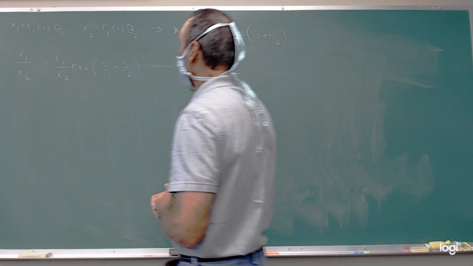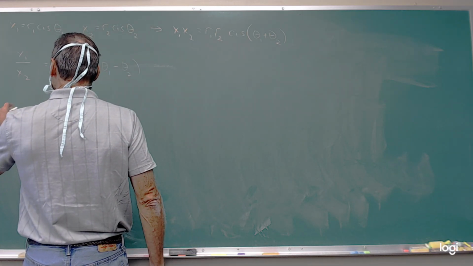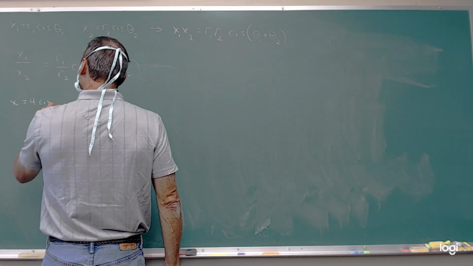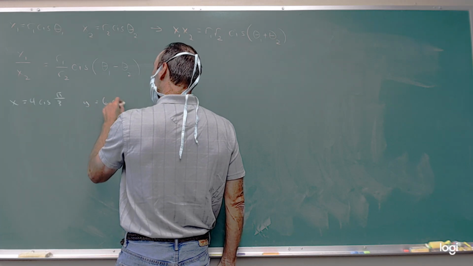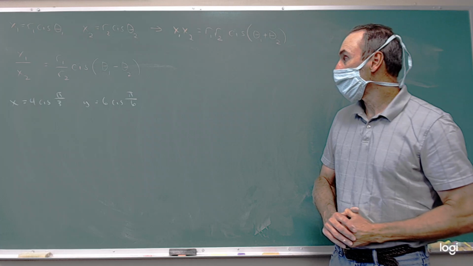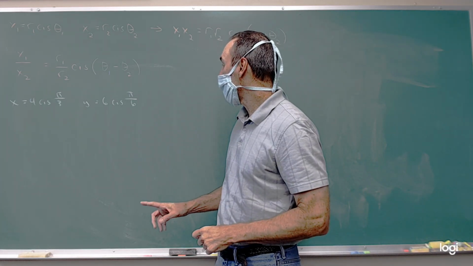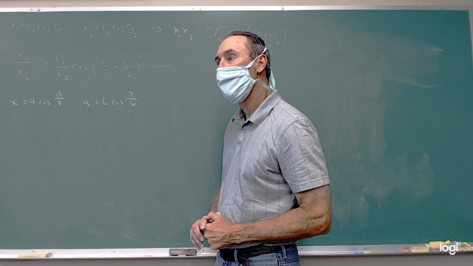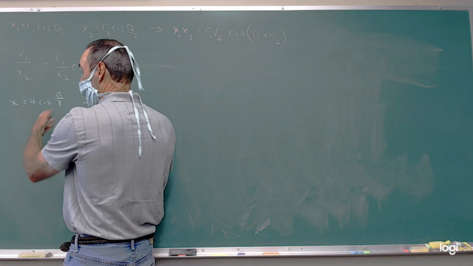Let's see, we did this before. What numbers did we have there? We had x was 4 cis pi over 3, and we said y was 6 cis pi over 6. And we already did the multiplication. So should we do the division? X divided by y or y divided by x? Yeah, so you can do these nicer. Okay, I'm okay with that.